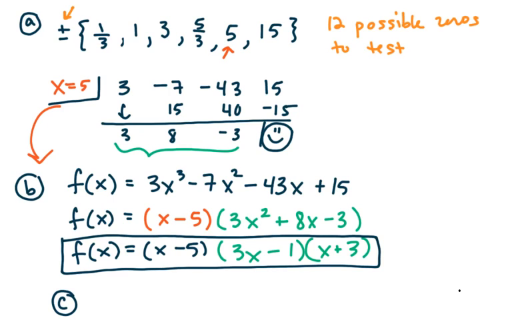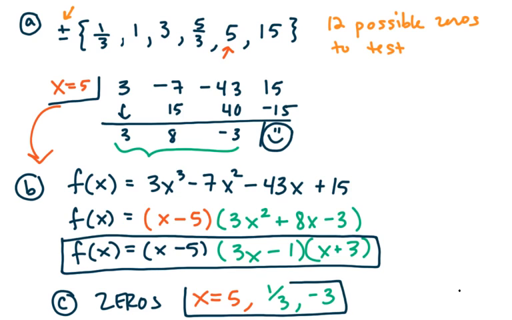My last part says, if you wanted to state the zeros, they would come from setting each factor to zero: x equals +5, which we got from our synthetic division, and then from these two other factors, we would get 1/3 and -3. So these are the 3 zeros of my cubic polynomial.